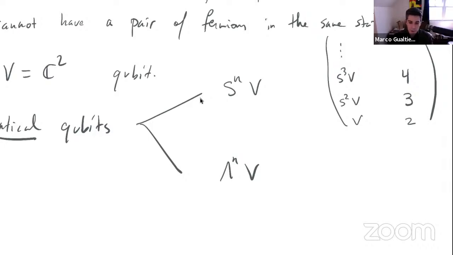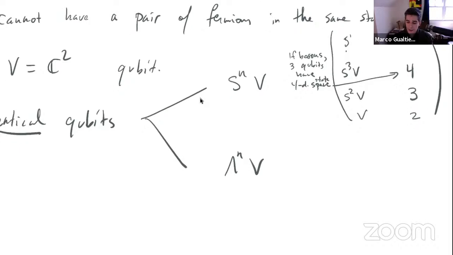So 3 qubits have a 4-dimensional state space, and n has n plus 1 dimensions.